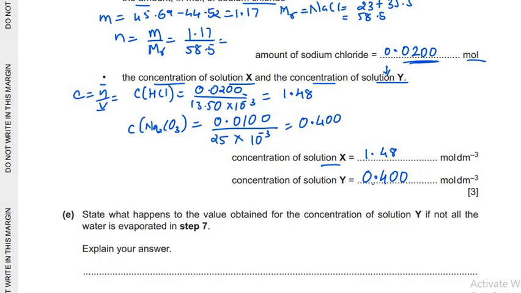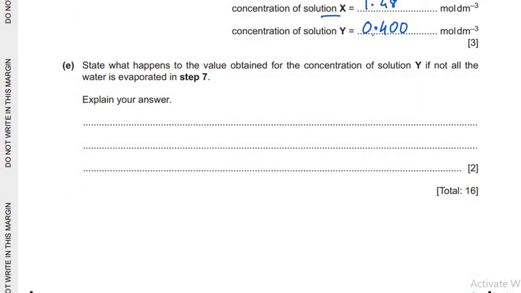Here you might get 1 point of difference, depending on the decimal places you're using in the calculator. Yes, so let's go ahead with the next part. It says: state what happens to the value obtained for the concentration of solution Y if not all the water is evaporated in step 7.